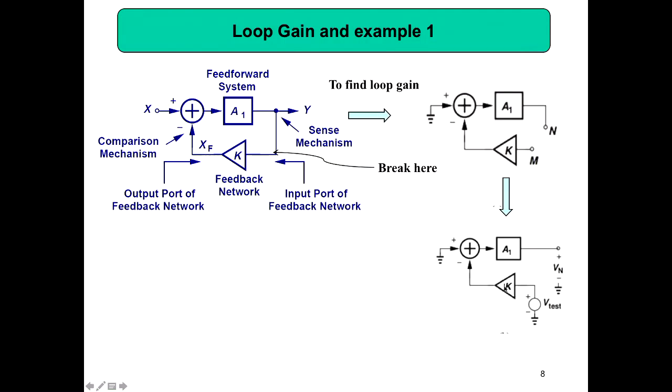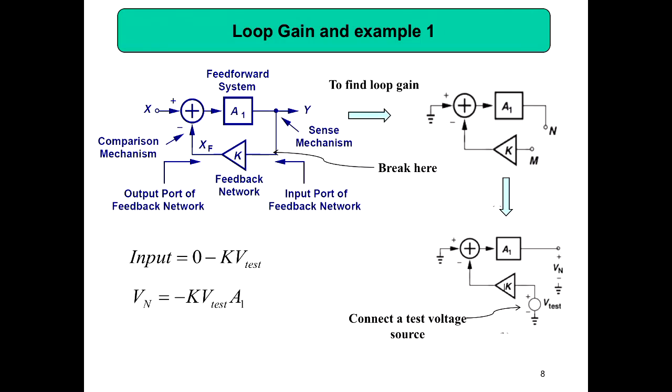Your input here equals 0 minus K into V test. Then what is your output here? That is Vn, the output, which equals whatever the input is, minus K into V test, into A1, because that is the gain.